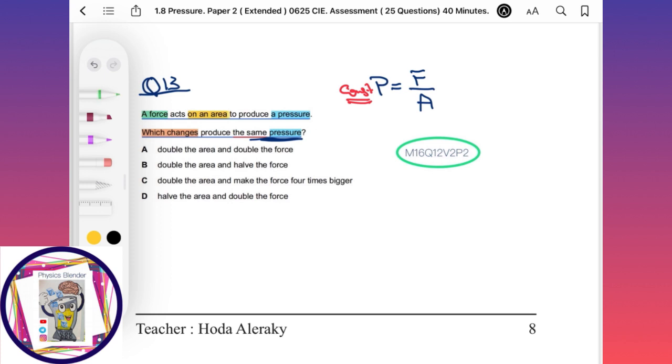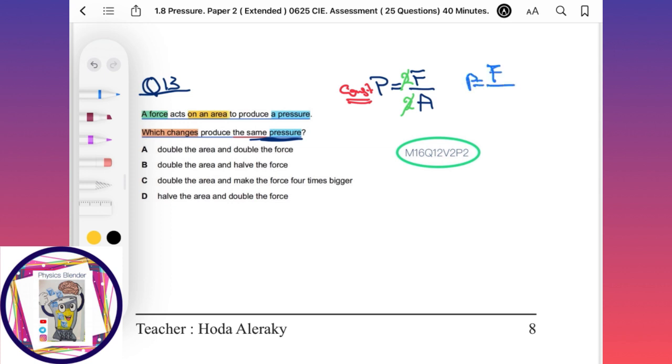So for any changes here, if the force is doubled, area should be doubled, so you will obtain the same value of pressure. This 2 will be cancelled out, so you will obtain the same value of pressure.